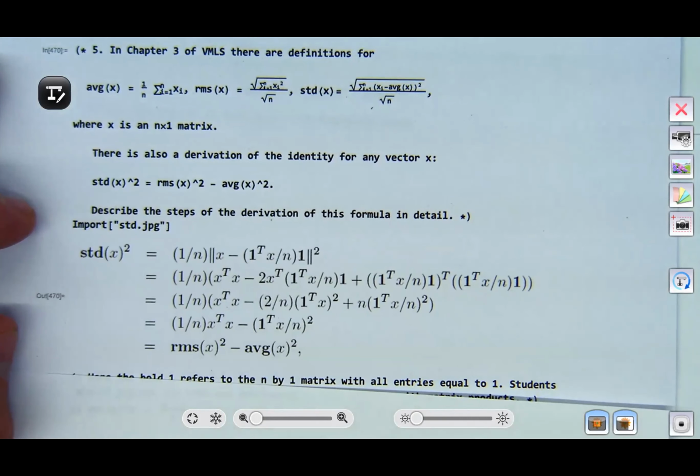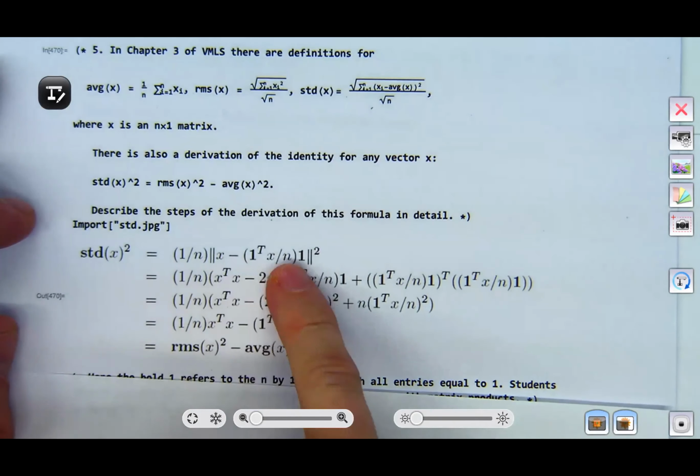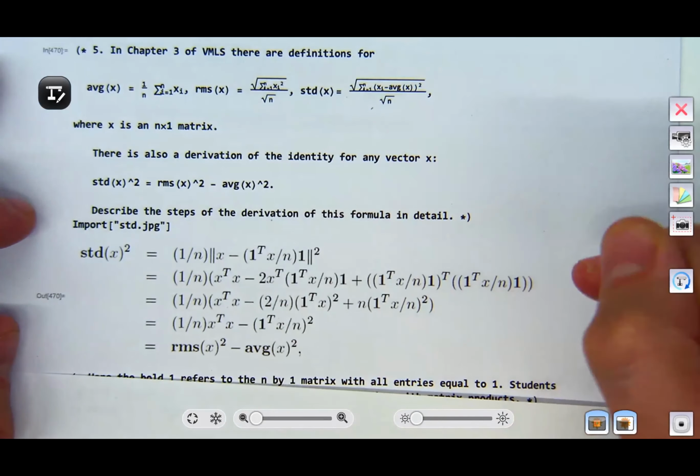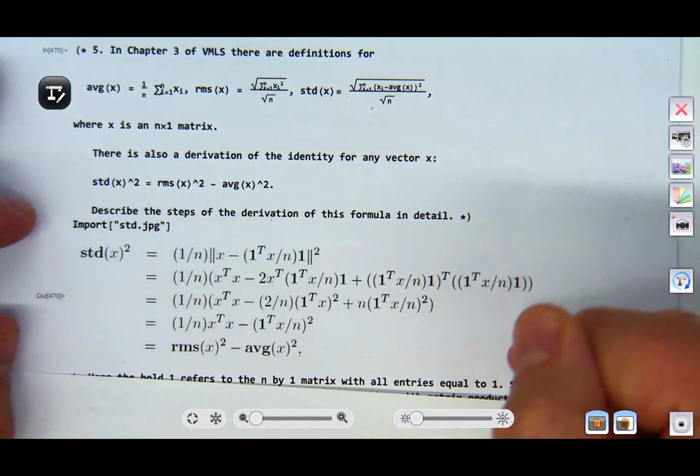So your task is to explain these things in here in terms of how they relate to sums, right? And then explain how you get from this step to this step to this step, and so on, both in this way and possibly additionally in terms of the sums and the definitions.